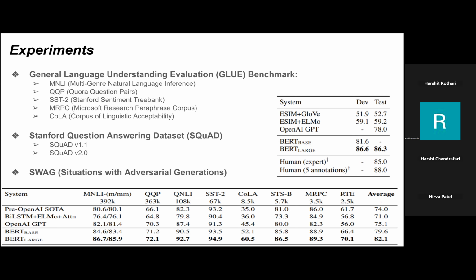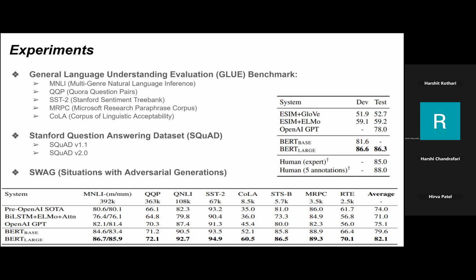In SQuAD 2.0, some questions will not have answers in the paragraph, and BERT has to figure out when no answer is available, making the task more challenging. On this, BERT performed really well, and it improved scores on both versions, beating the older models.